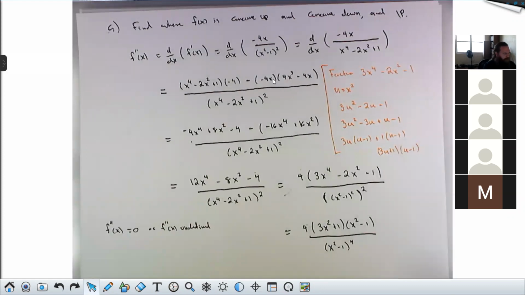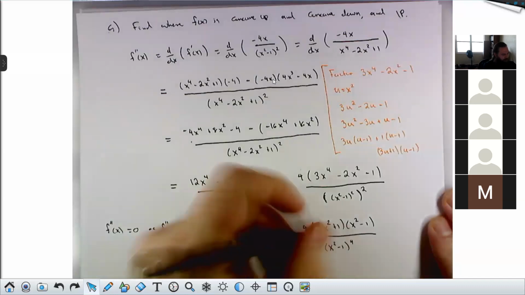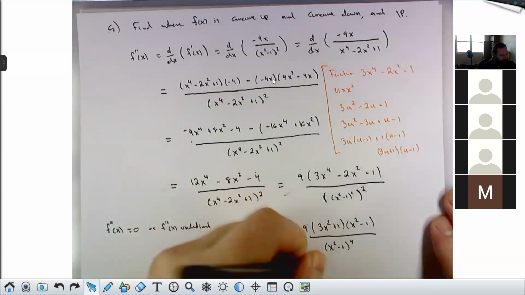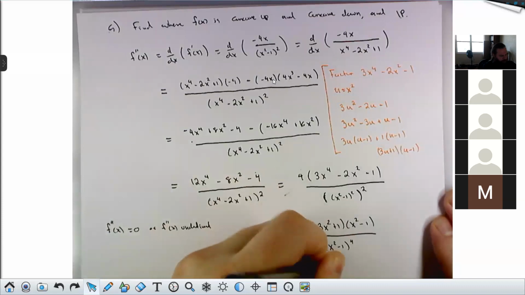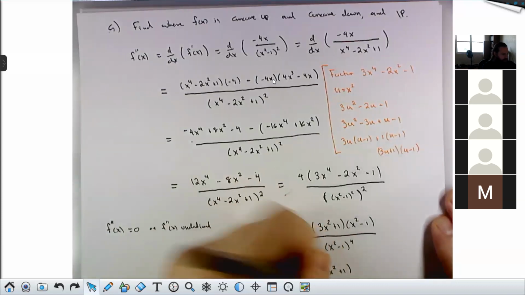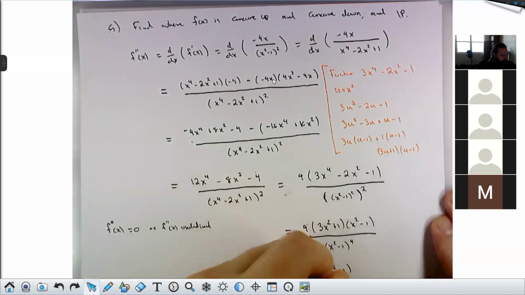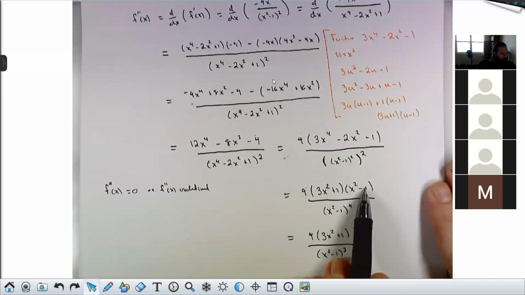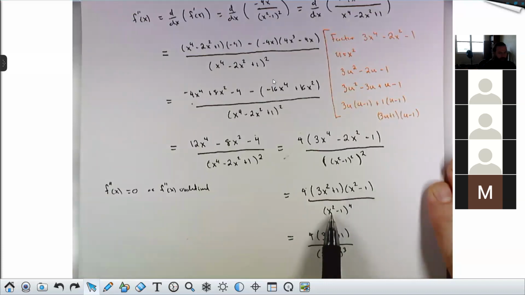Now, before we do that, actually, notice that there's some stuff that can cancel here, right? This is 4 times 3x squared plus 1, all divided by x squared minus 1 cubed. This x squared minus 1 can cancel with the factor of x squared minus 1 downstairs.